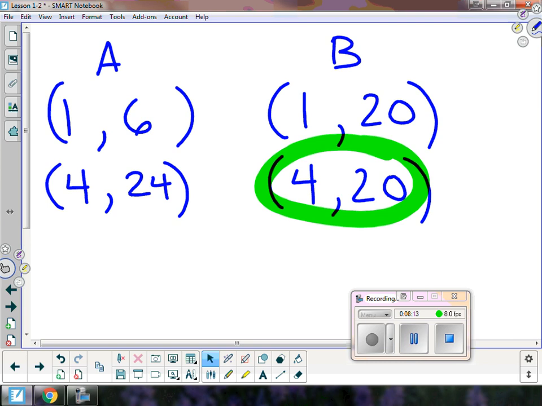What about 6? 36 versus 40. So it's going to continue to be cheaper at store A until the next 4-pack.